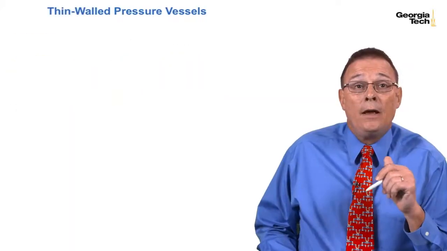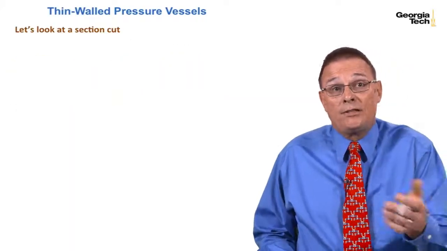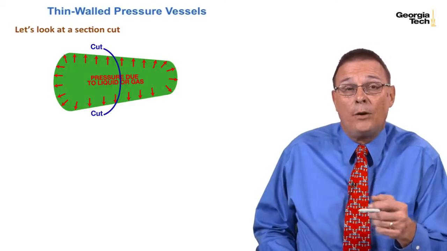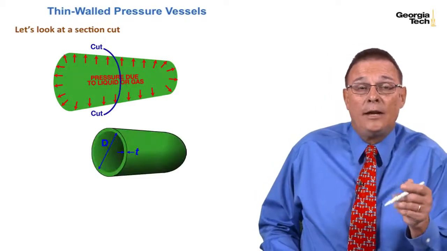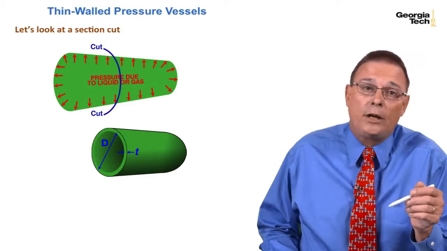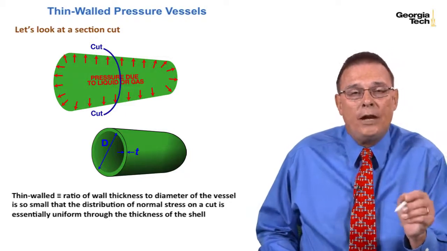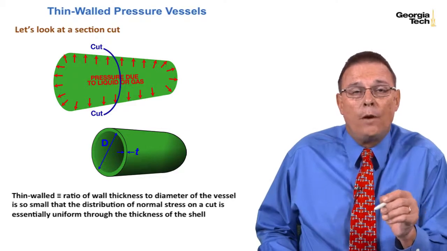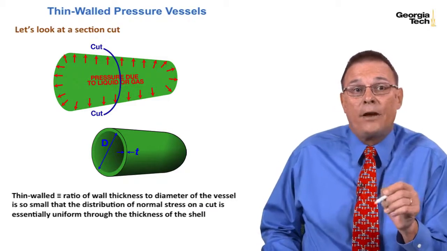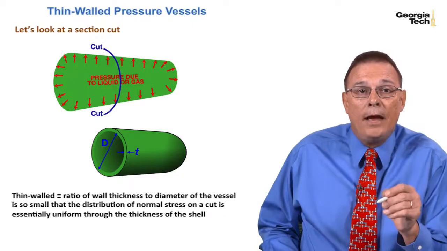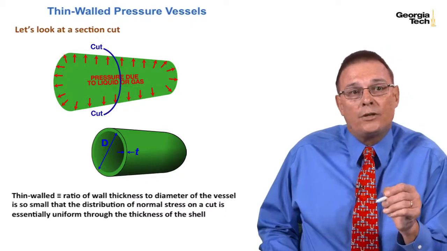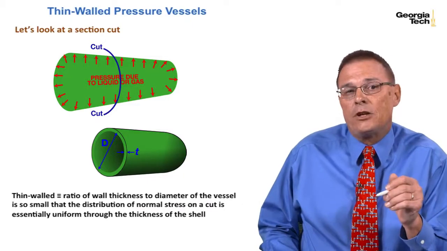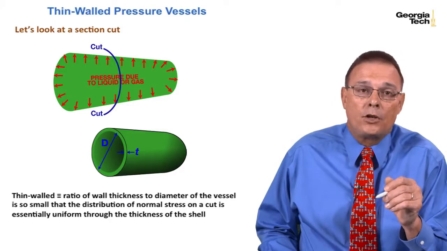And so thin-walled pressure vessels, let's look at a section cut. So here I've taken a cut, and here is the cross-section. If I look at a side view, we're going to say that thin-walled is defined as when the ratio of the wall thickness to the diameter of the vessel is so small that the distribution of normal stress in the cut surface is essentially uniform throughout the thickness of the shell.